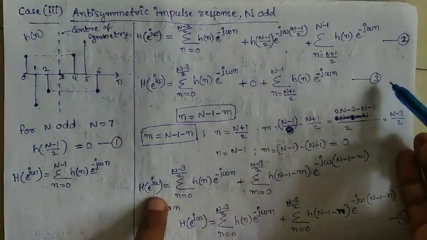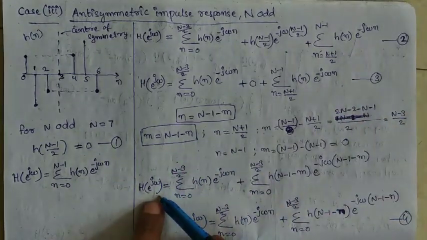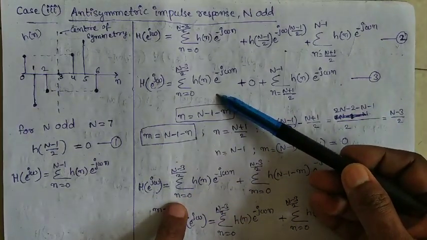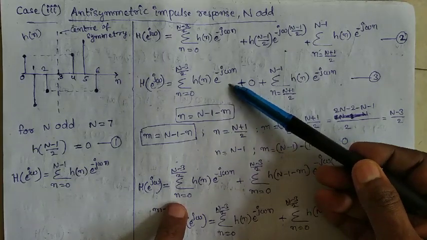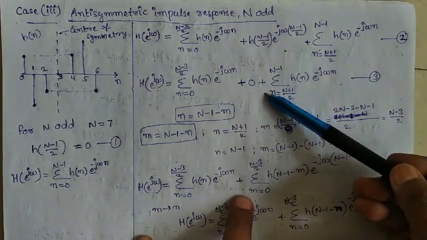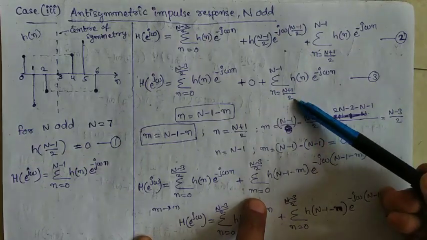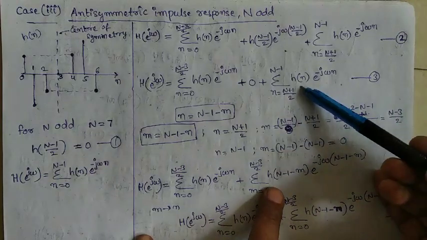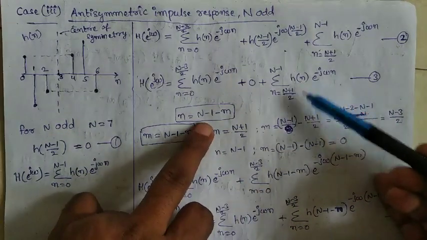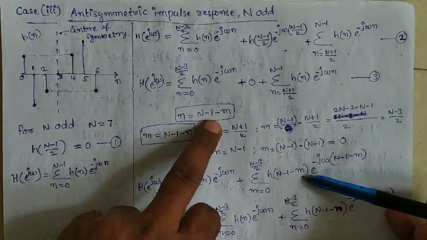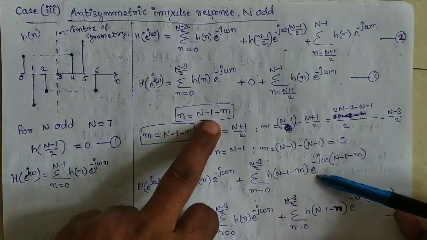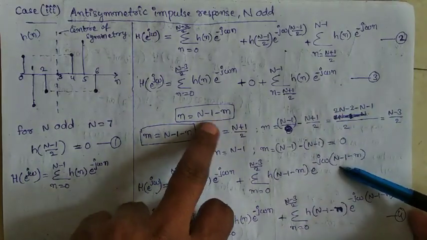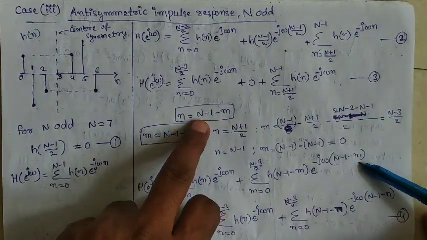Here equation 3 becomes h of e power j omega is equal to summation n is equal to 0 to capital N minus 3 by 2 h of n e power minus j omega n, plus summation m is equal to 0 to capital N minus 3 by 2 h of capital N minus 1 minus m into e power minus j omega into capital N minus 1 minus m.